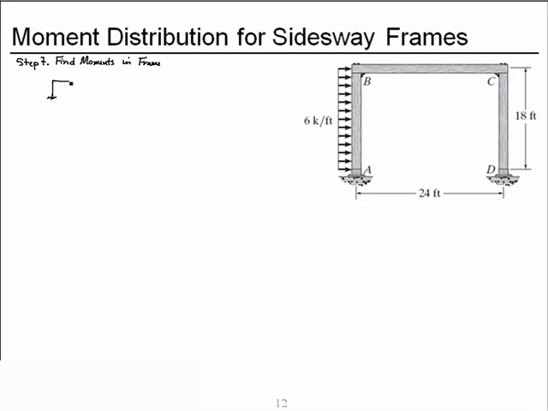So to find those, for this situation, we need to superimpose the results we obtained for the restrained frame, to which we add the results of our unrestrained frame, but we need to amplify them by the ratio of R over R prime, because we applied R prime to our unrestrained frame.